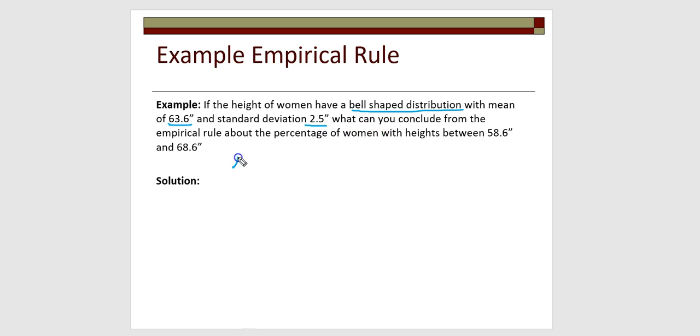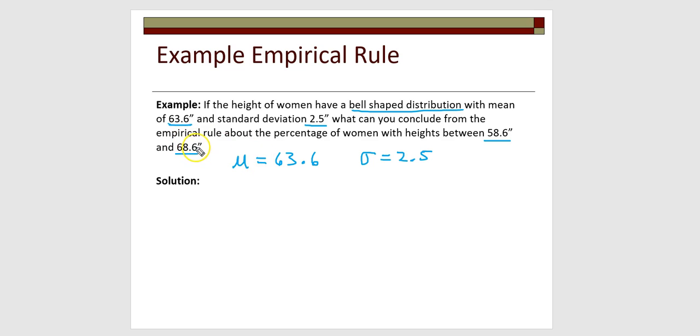So for this problem, we're assuming mu is 63.6 and sigma is 2.5. What can we conclude from the empirical rule about the percentage of women that have heights between 58.6 and 68.6?